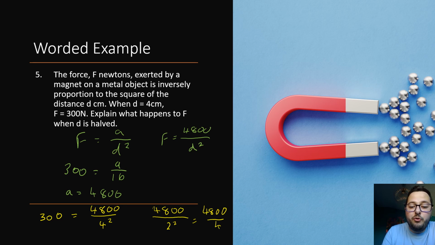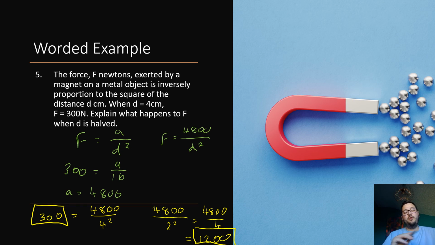Now 4,800 over 4, well, 48 over 4 is 12, so this is going to be 1,200. Okay, so our answer has changed from 300 to 1,200. So from 300 to 1,200, it's quadrupled. And that's going to happen every time, because if d is halved, half squared is going to be a quarter.